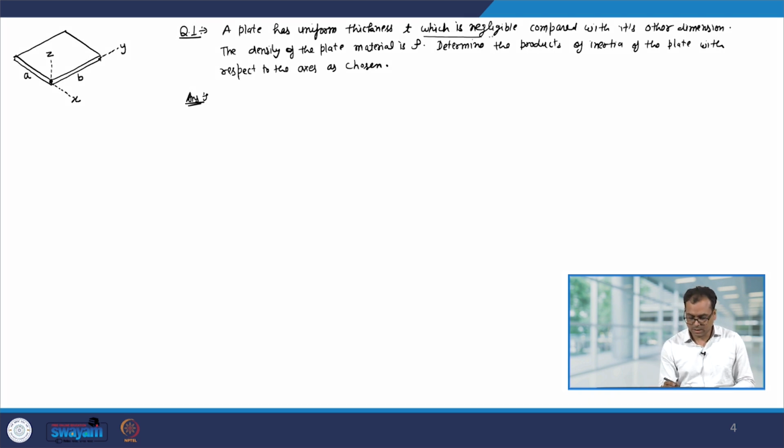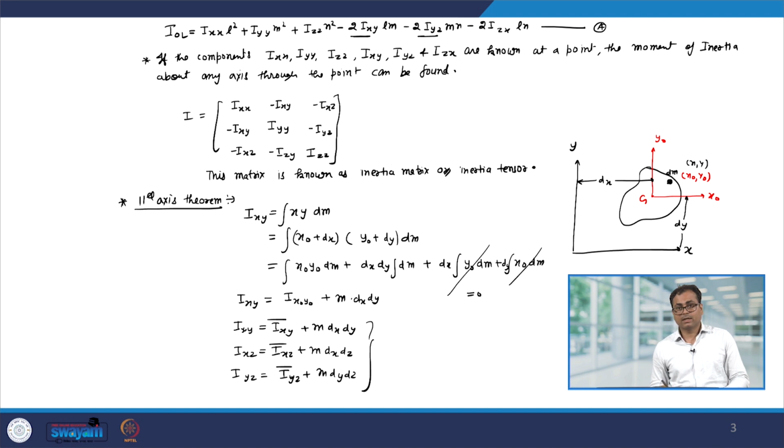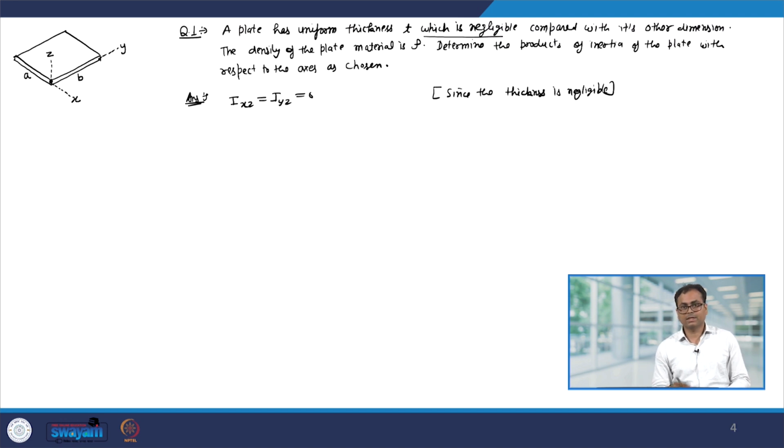Since the thickness is negligible, therefore, Ixz equal to Iyz equal to 0, because when you calculate xz there will be integral x z dm, and since z is almost 0, so therefore, the integral will be 0, and the same thing is true for Iyz.